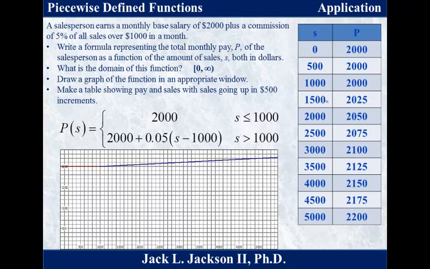It would have been 2,000 plus 0.05 times S, and that would have been just a line starting at 2,000 and going up and to the right with a slope of 0.05. But by breaking it in pieces like this, saying they only get this commission on the sales that go over 1,000, but they get their base salary no matter what, this makes it piecewise defined.